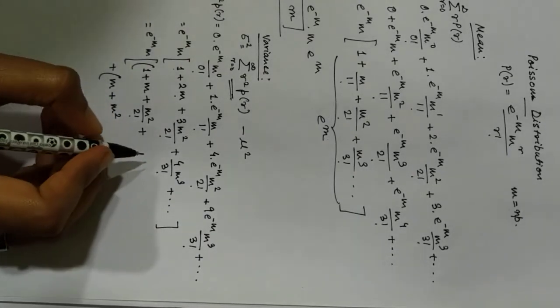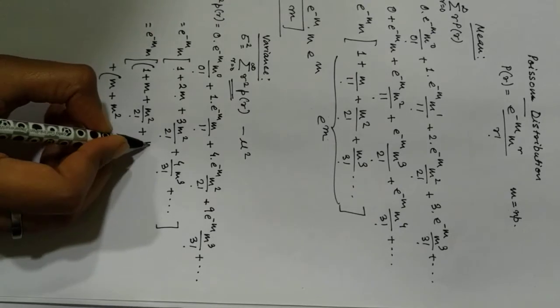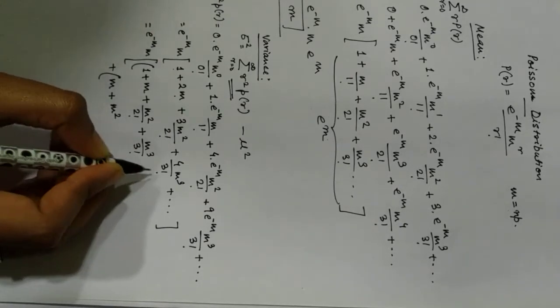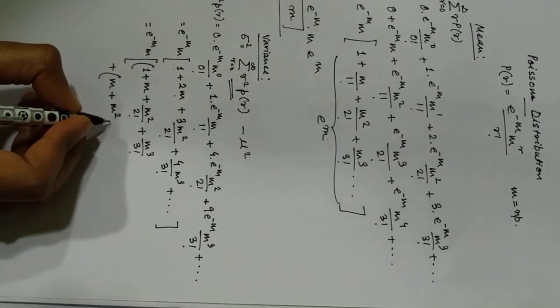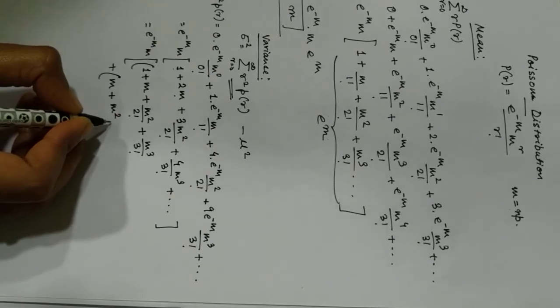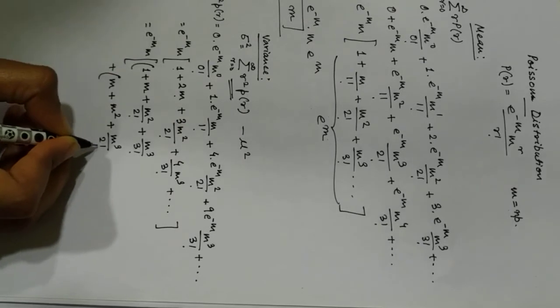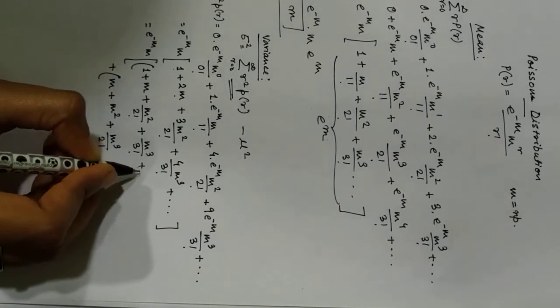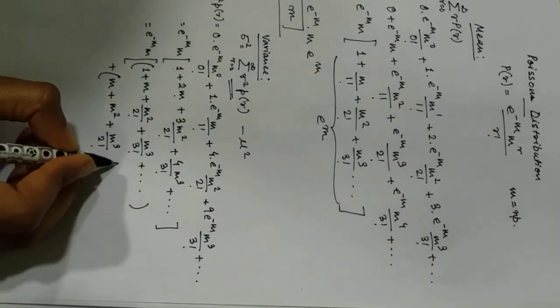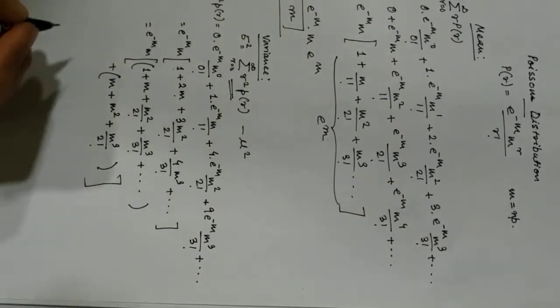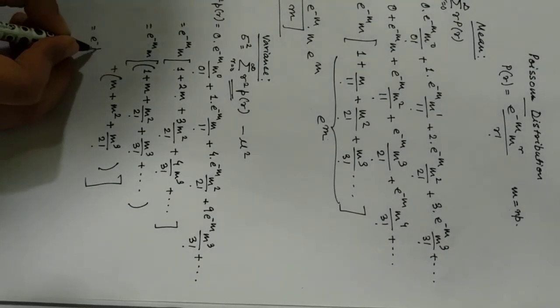Then m^3 by factorial 3. One term goes over here, so we are left with 3 terms over here, that is plus m^3 by factorial 2, right? Plus this goes on, e^(-m).